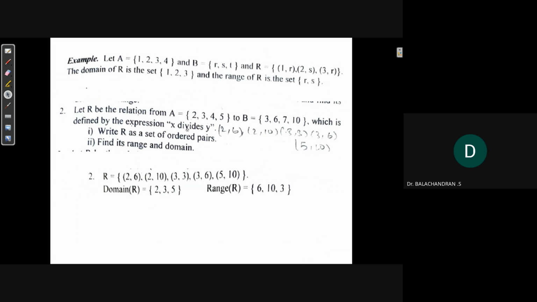So X divides Y means (2, 6), (2, 10), (3, 3), (3, 6), and (5, 10). Now the domain of R is the first elements: 2, 3, 5. The range of R is the second elements: 6, 10, 3.